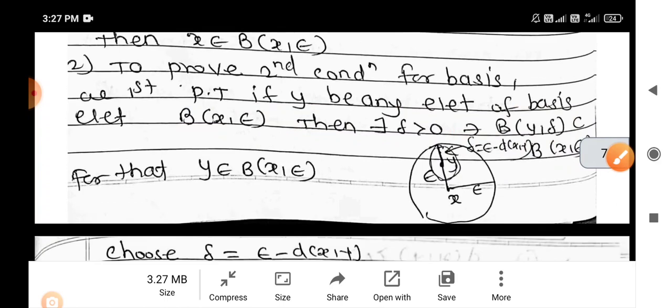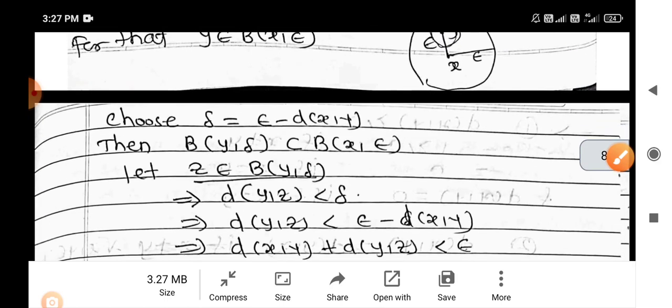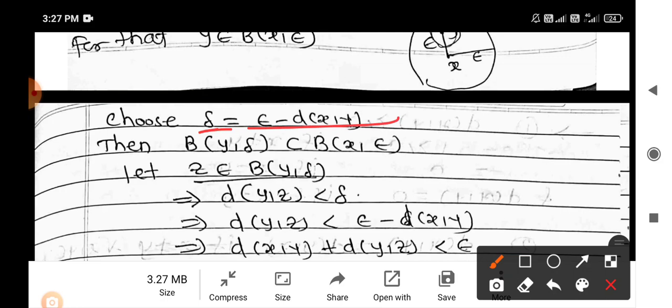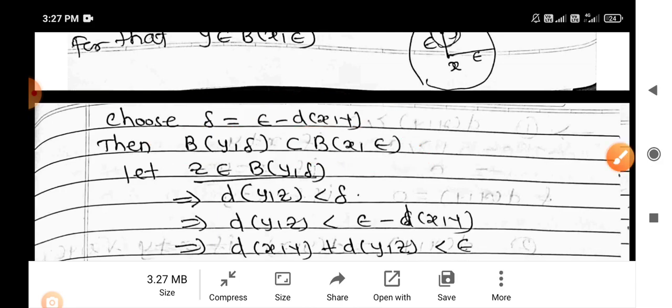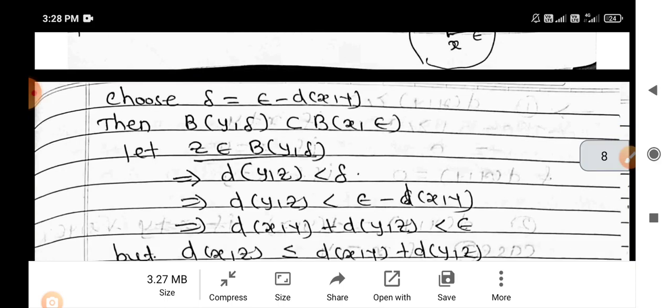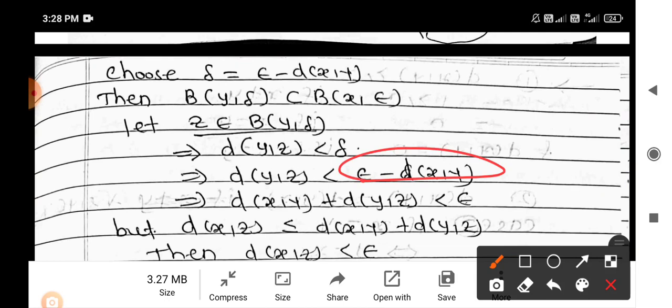So for that y belongs to the open ball of x comma epsilon, we choose delta equal to epsilon minus d of xy. So we have this containment, that is the open ball of y of radius delta is a subset of the open ball of x of radius epsilon. We take one point, say z belongs to the open ball of y comma delta, then the distance between y and z is less than delta. So the distance between y and z, substituting the value of delta, is less than epsilon minus d of xy.